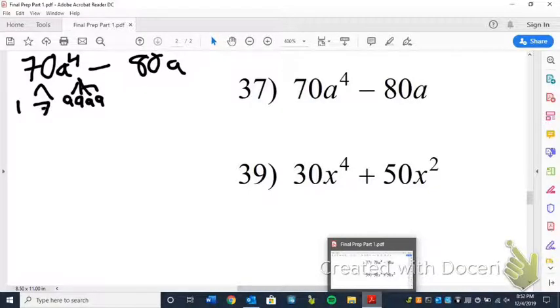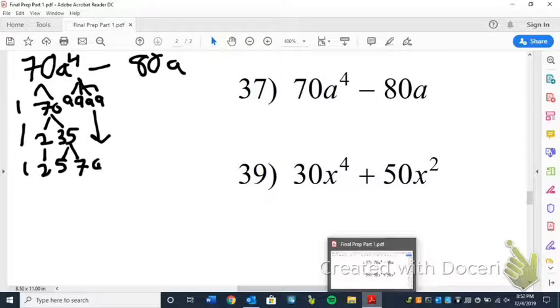So we have 1 times 70. 70 again, I'm going to pull out a 2, so that gives me 2 and 35. 35 has 5 and 7, rather. Those are its prime numbers. So our prime factorization for 70 is 1, 2, 5, and 7.